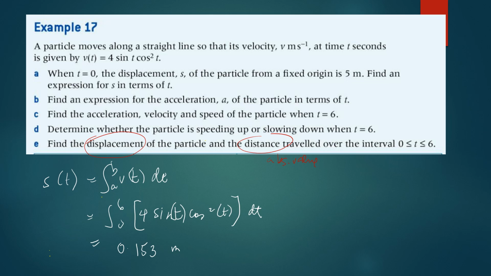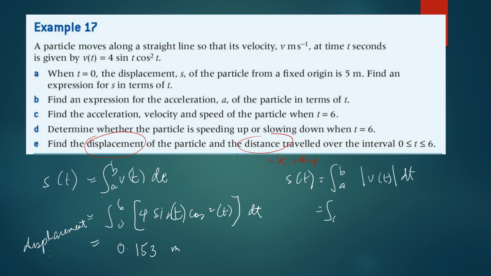Now for the distance, so this is the displacement. It's actually the net length. And S of t here is equal to the integral from a to b of the absolute value of v(t) dt.